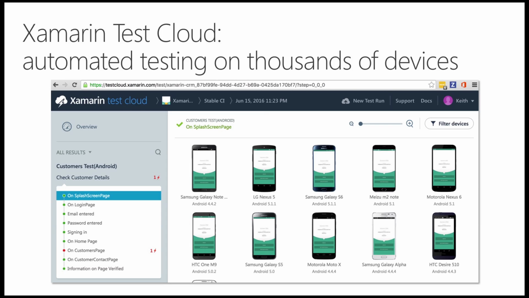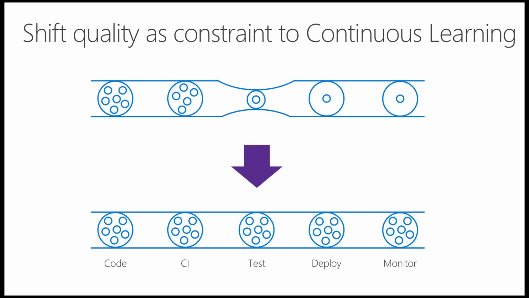If you add Xamarin Test Cloud or a similar real-world device automation to your pipeline, you no longer have to worry about quality being a constraint for your continuous learning. Instead, you have expanded your ability to test much more often, which means you can deploy much more often, which means you can learn much more often.